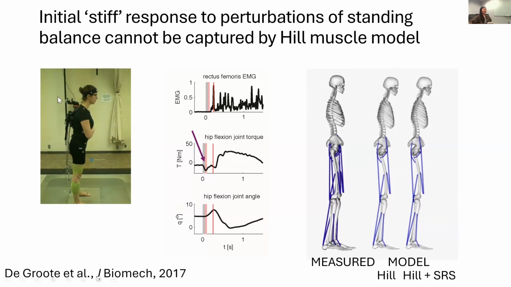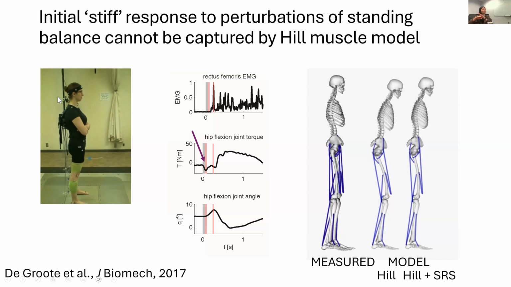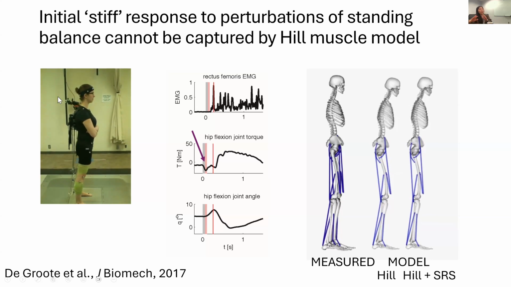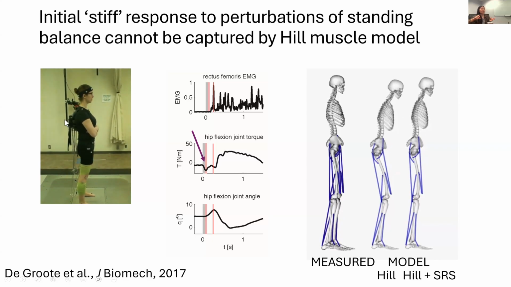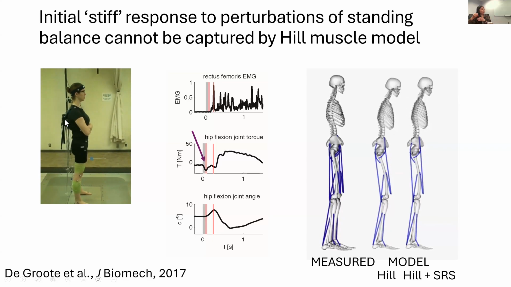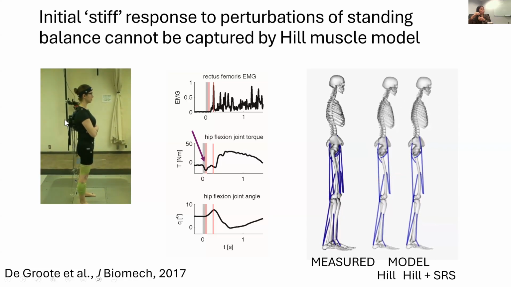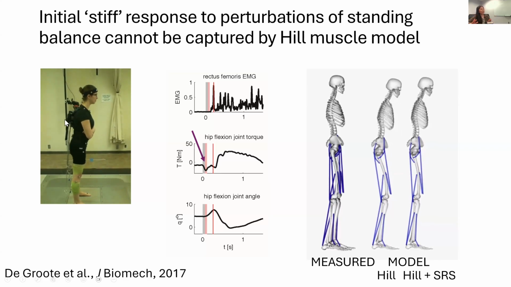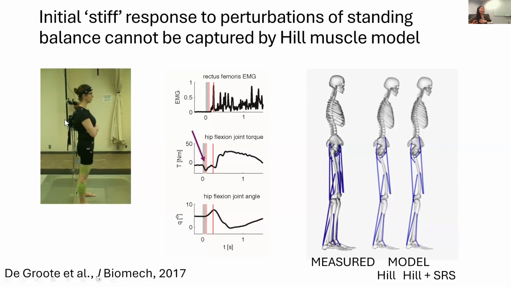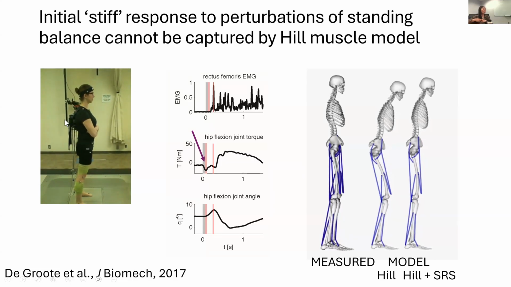Meaning, if they fix one type of short-range stiffness, it wouldn't generalize across multiple experimental conditions. If the short-range stiffness emerges from our muscle model, which is based on the physiological process of the muscle, we are hoping that it is more generalizable, and thus we can use it to simulate balance response better than real-time muscle models.